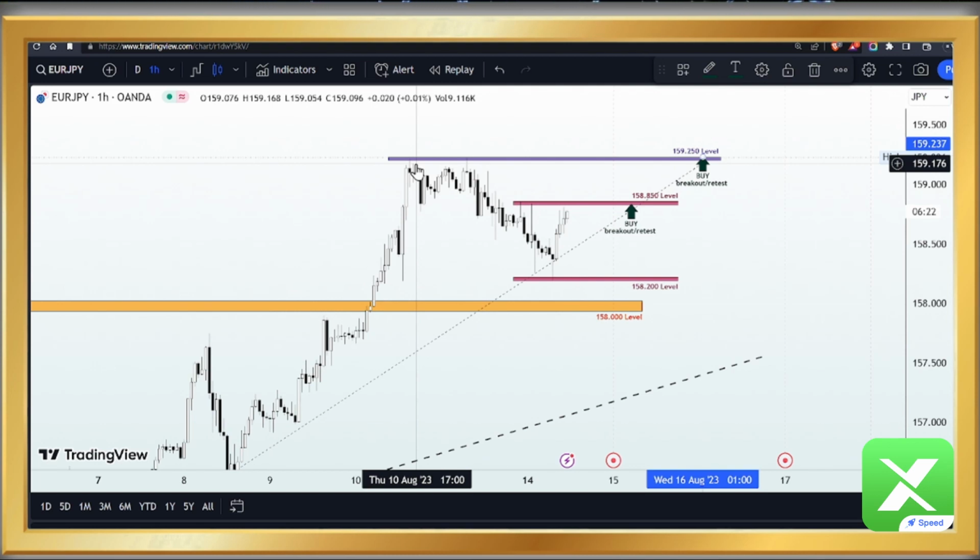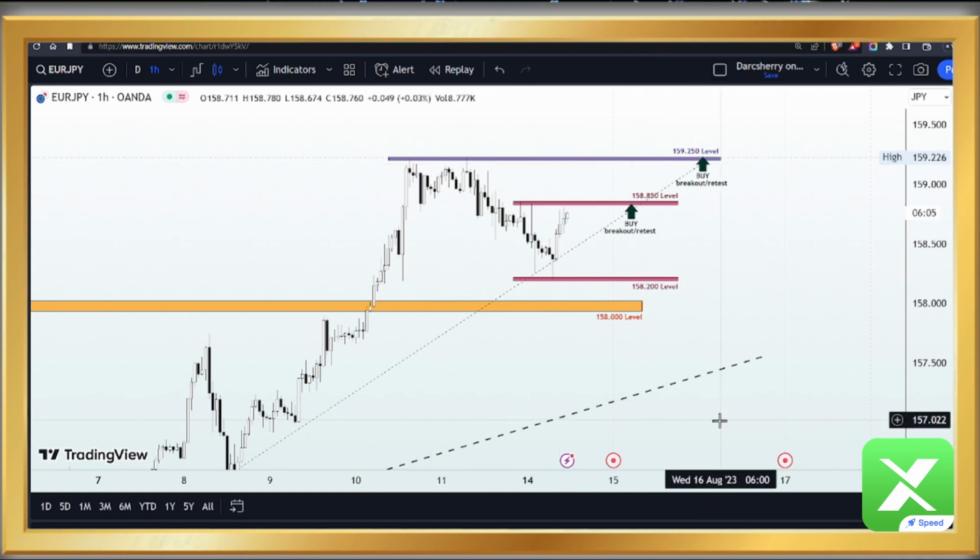So we want to consider the potentials of sellers too, considering the emotions that there will be some fear and indecision going on around this area, considering the fact that it's a new high for the EURJPY. So because of that scenario, we want to consider selling opportunities too as well.